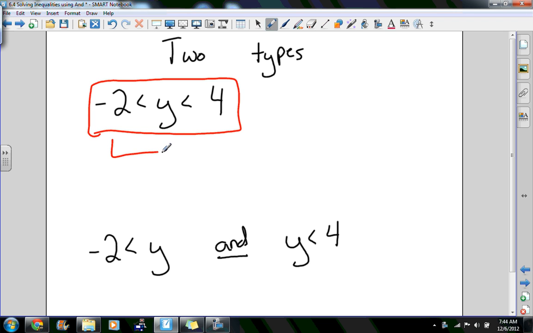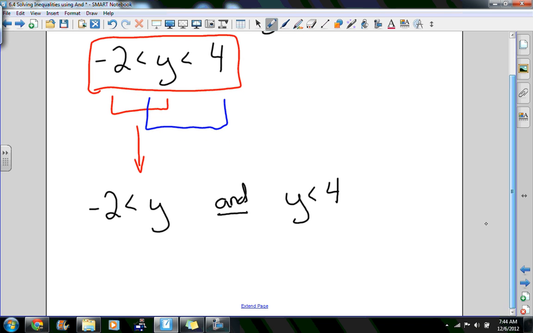This part here is one statement: -2 is less than y, right there. And then this is also a statement: y is less than 4. And so if we were graphing this, we're going to be graphing two different lines. I'll graph the first one first. -2 is less than y.